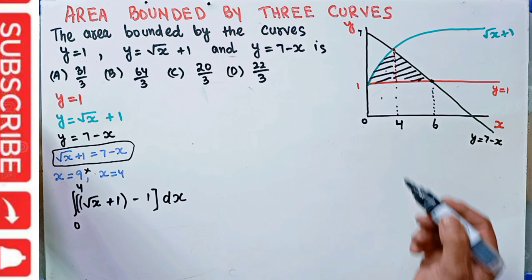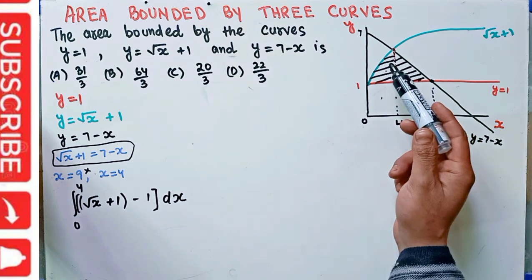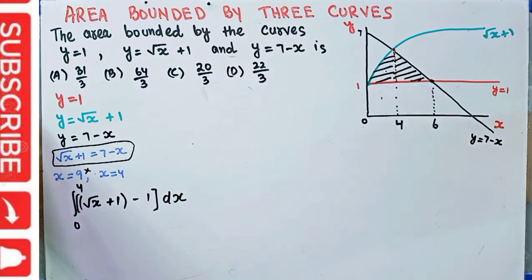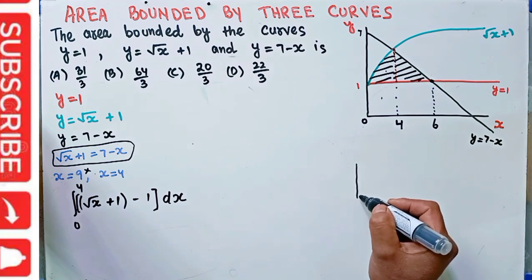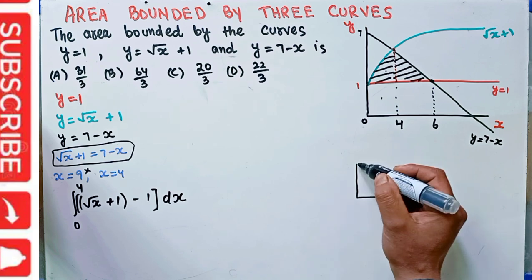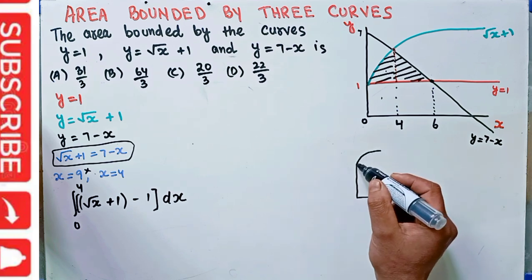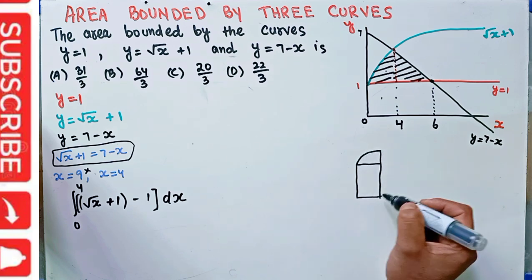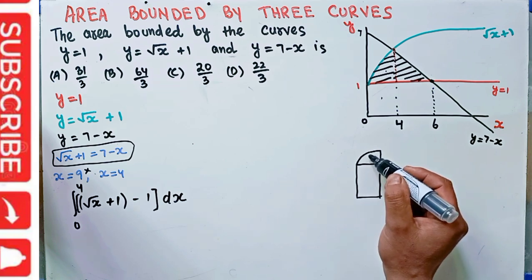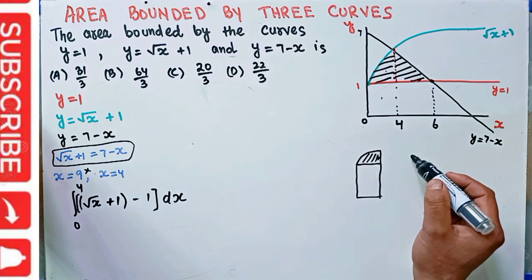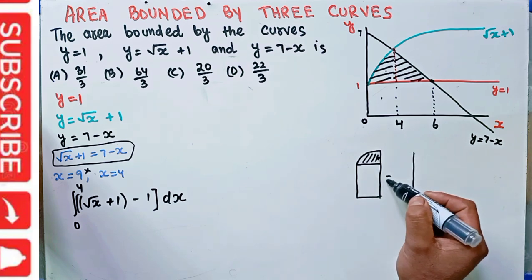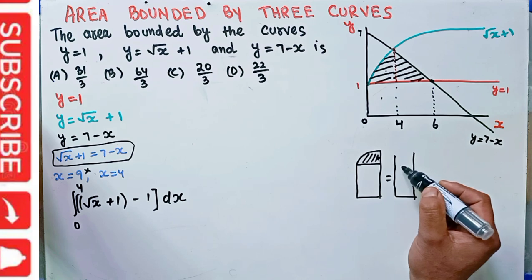Okay, simple thing. I am interested in finding out the area of this region, and if I can show it here, it is like this. I am interested to find out the area of this region. Okay, to find out the area of this region, first I will find out the area of the whole region.